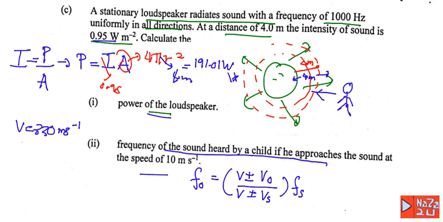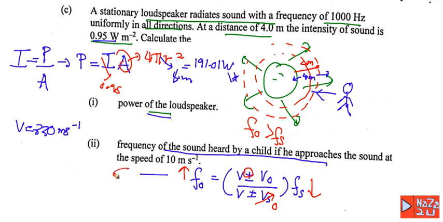Because the situation given by the question is that the child approaches, the source is static, so Vs is equal to 0, right? So what happened to the plus minus here? When the child approaches the source of sound, we know the frequency observed by the observer is greater than fs, an increased value compared to the source frequency. So we must use the positive.